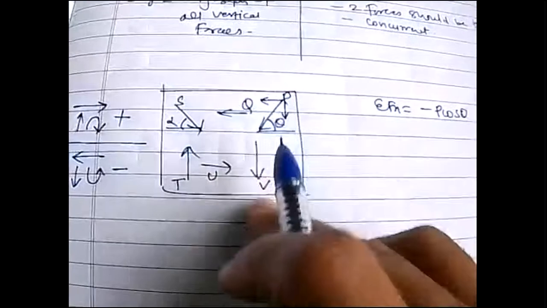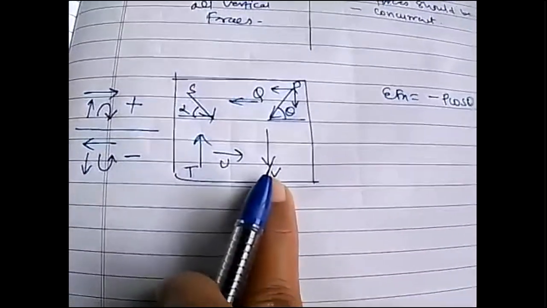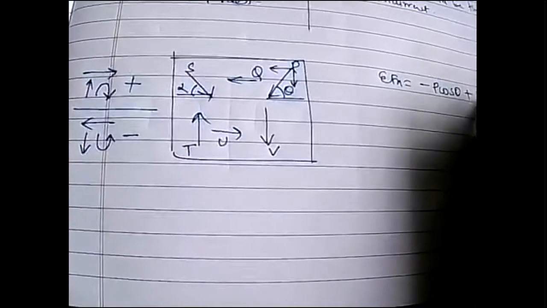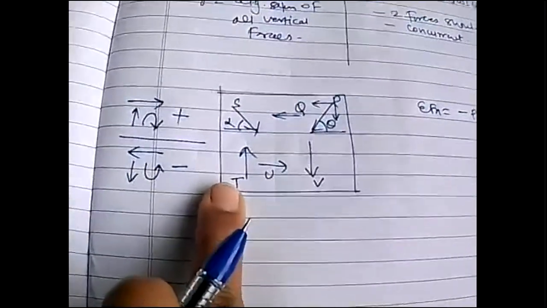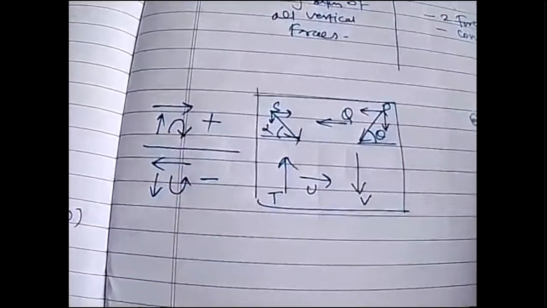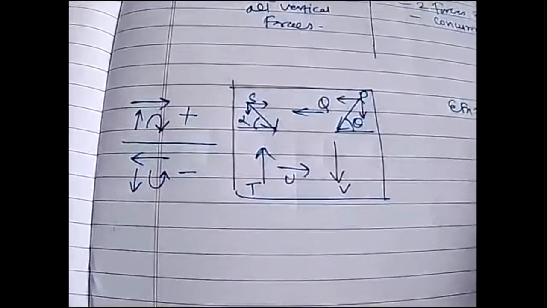This is a purely vertical force, it can't reflect in summation Fx. This is a horizontal force, positive U. This also will not get reflected in summation Fx. Here two components will be like this, so positive S cos theta is there.